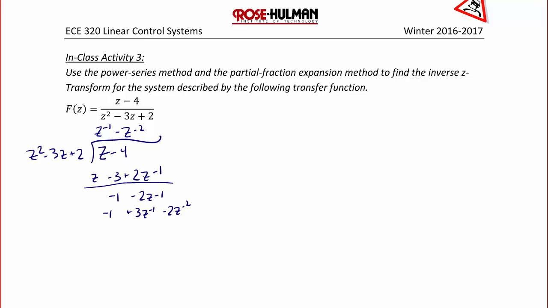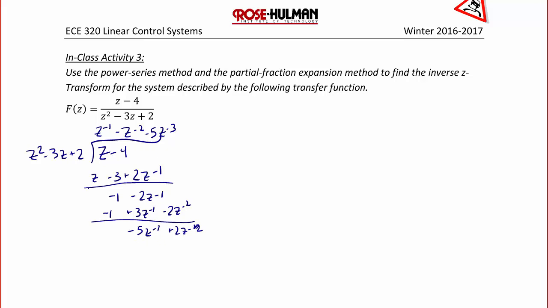For the next term, I multiply by negative 5Z to the negative 3. And when I subtract here, this is negative 5Z to the negative 1 plus 2Z to the negative 2.